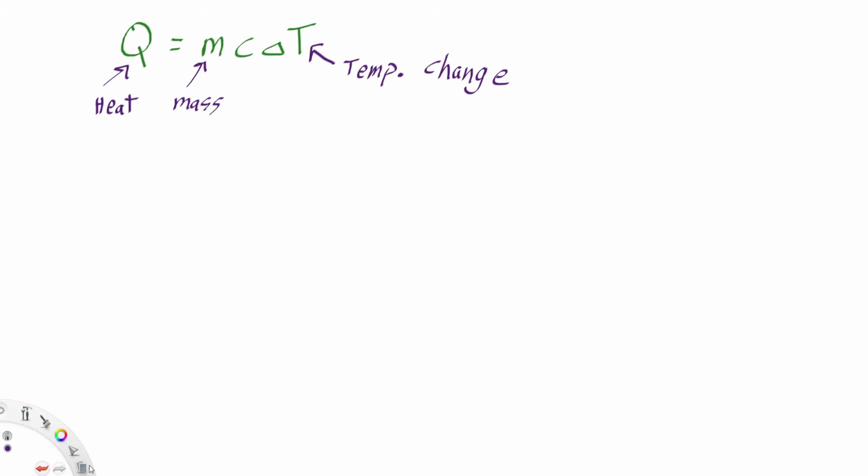C is not the speed of light here, but that's a good guess. I know C is an overworked variable. We call this the specific heat. And this is our material constant for the day.